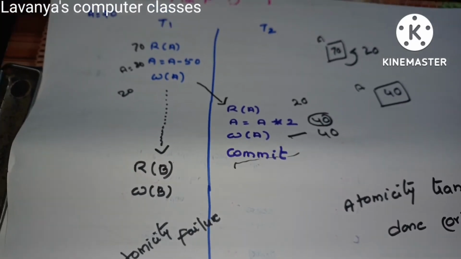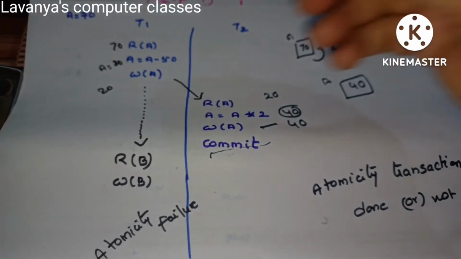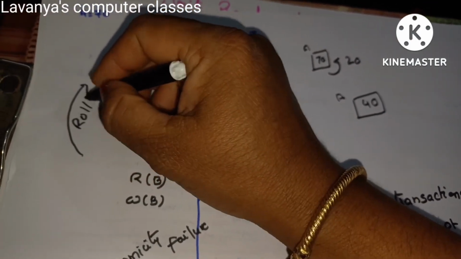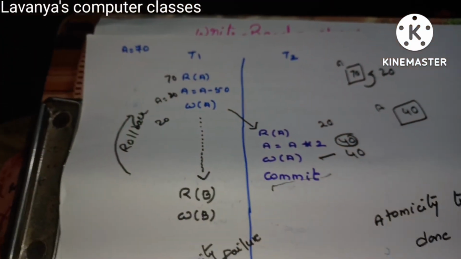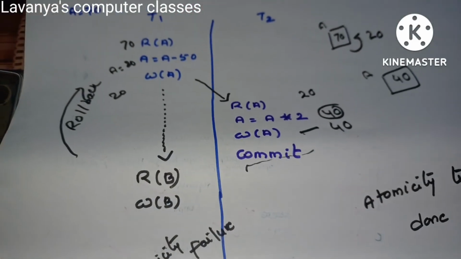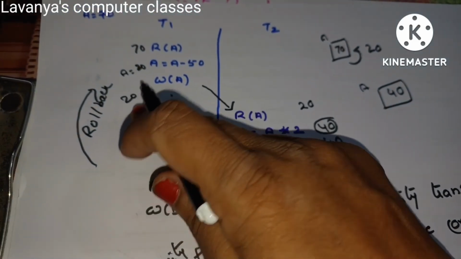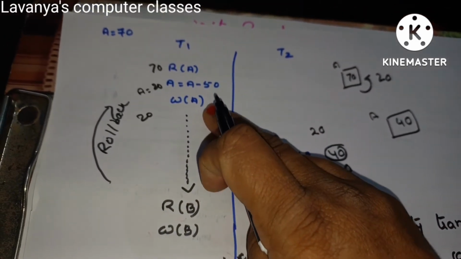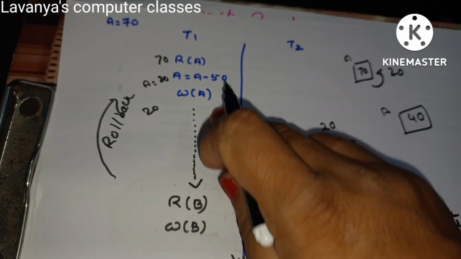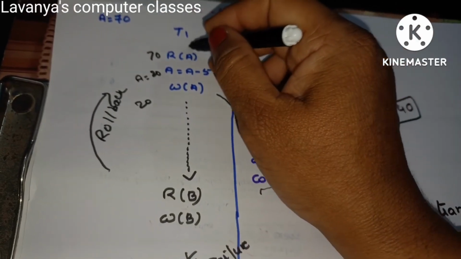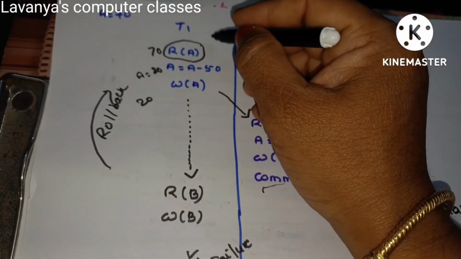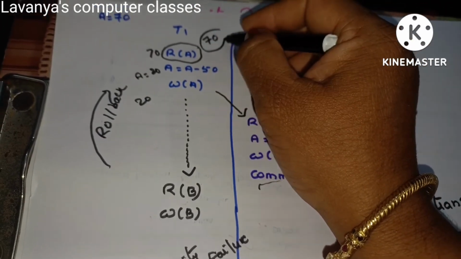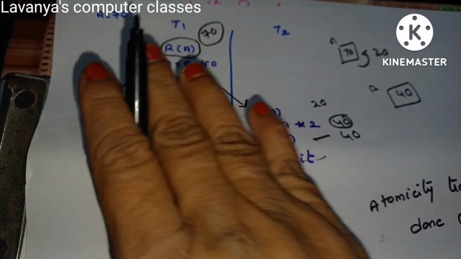According to the ACID property, what you have to do is apply rollback, as if we did not do the transaction. Once the rollback is applied, the A value changed to 20 comes back to the previous, starting position. So after rollback, what is the A value? A value is 70.